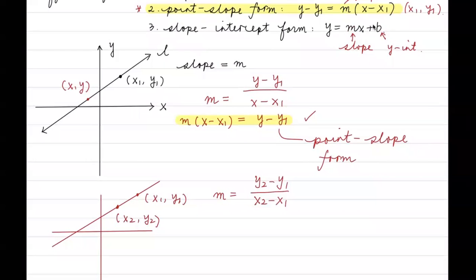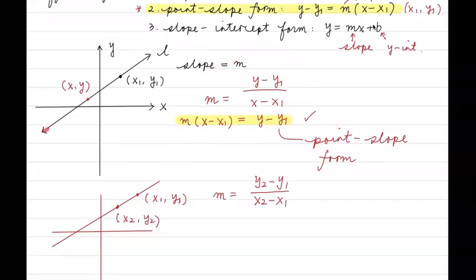So we found the expression of the straight line, and now we use it to find any two random points on the straight line.